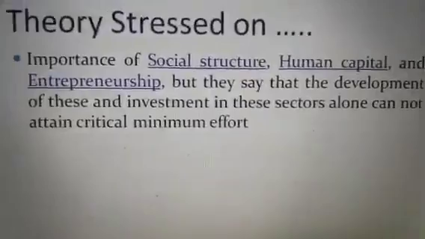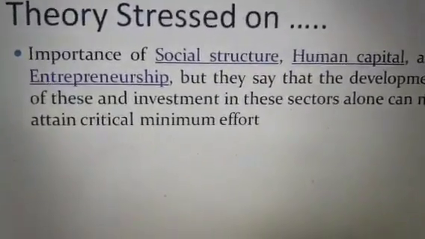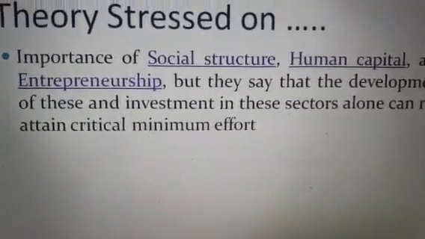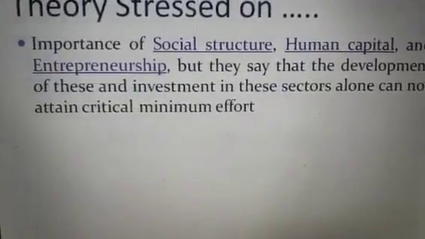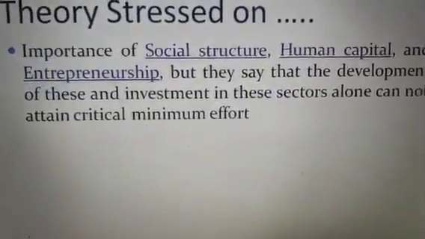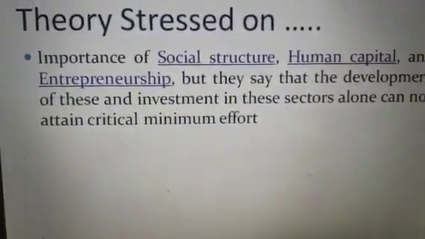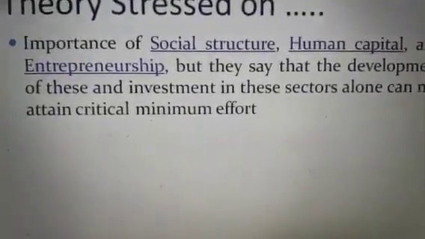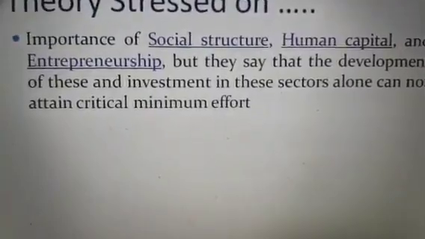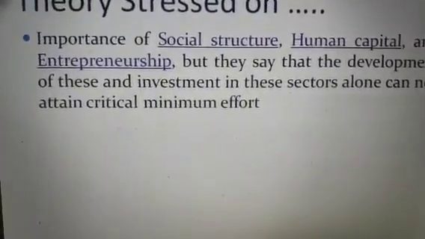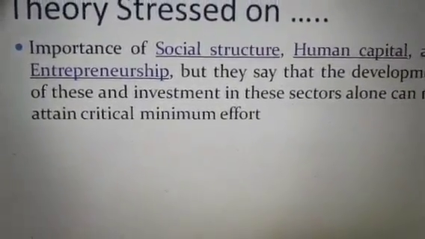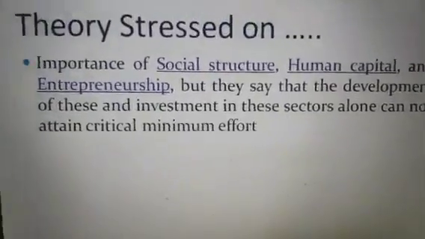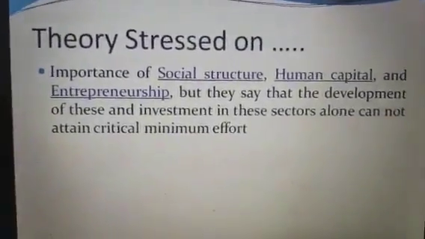But they say that the development of these and investment in these sectors alone cannot attain the critical minimum effort. Besides, Leibenstein also said that investment in these sectors alone is not sufficient, but we have to invest critically in almost every sector of the economy, so that the economy gets back its momentum.